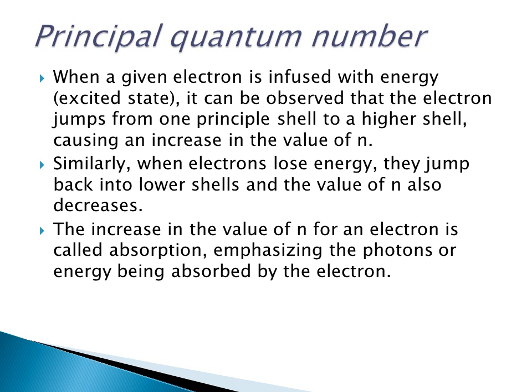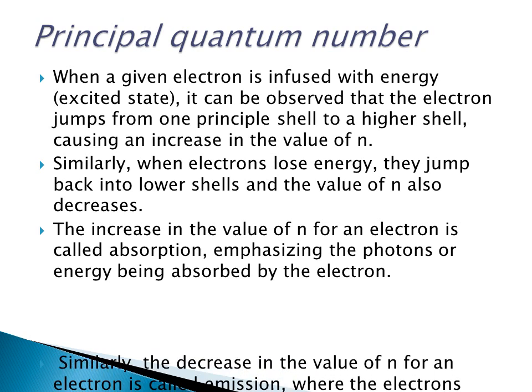Thus, the increase in the value of n is called absorption, that is, absorption of energy from the ground state to an excited state. While the emitting of energy by the electron from a higher excited state to a lower state is known as emission.